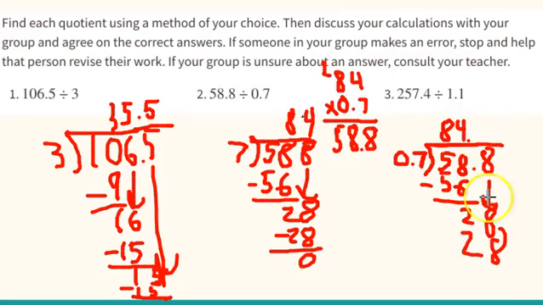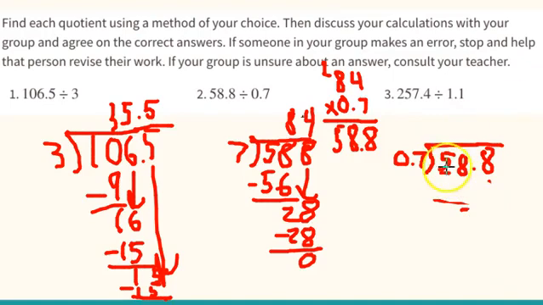Because the mistake that most of us would make, and that I would make too, is that I would think of it like so. 7 can go into 58 8 times and put my 56 here. But this isn't 7 whole. This is 7/10. And that's why we have to think of it as actually that this is 80.